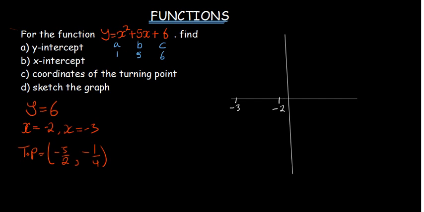Then our turning point happens to be minus 5 over 2, meaning that it is in between this part, somewhere here. Then negative on the y-axis, so we're talking about this part.